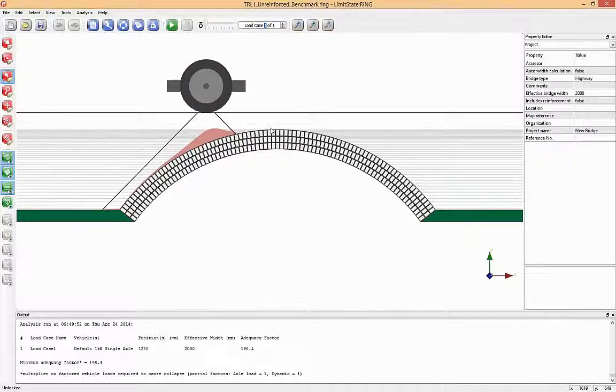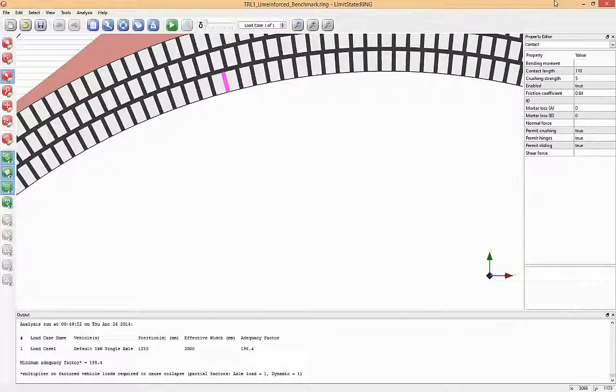If I look at a given contact, you can see the various properties there, and it doesn't by default give me any information about reinforcement properties, and that's really to ensure that the property editor doesn't have too much clutter.